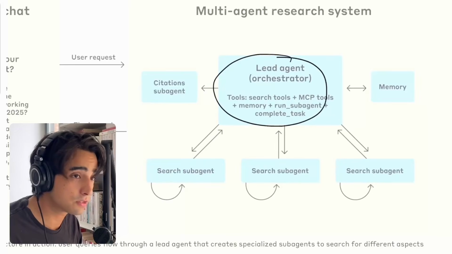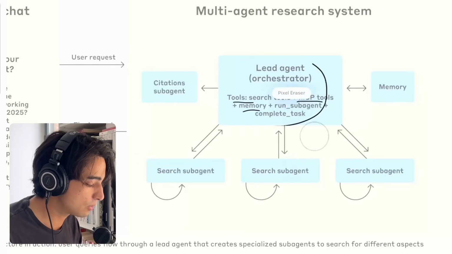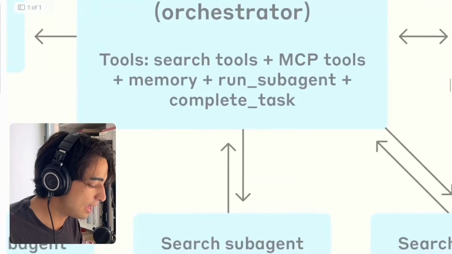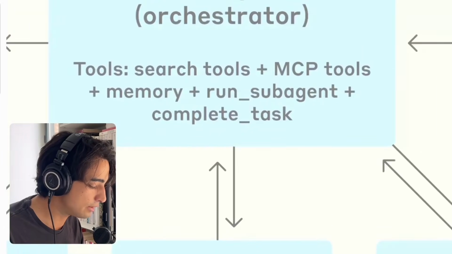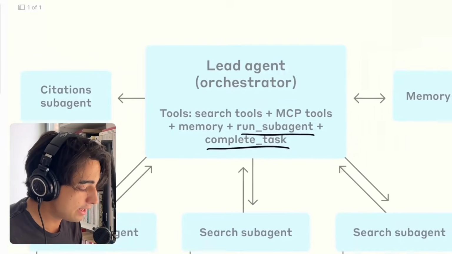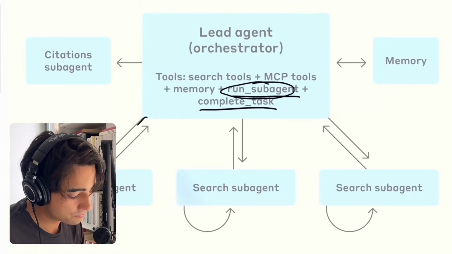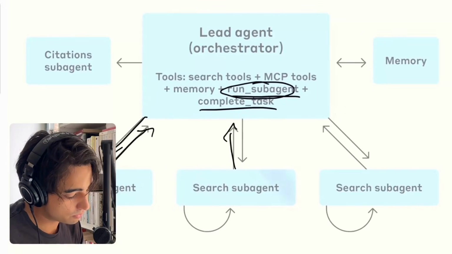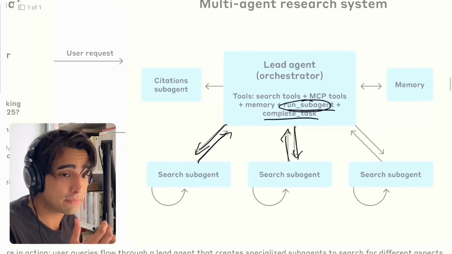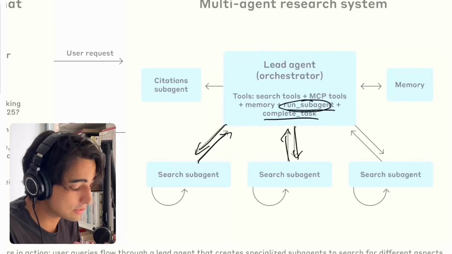The lead agent orchestrator has access to tools, to MCP tools, to memory, and, very importantly, access to these two right here: the run sub-agent tool and the complete task tool. This is the agent that will use the run sub-agent tool to create multiple sub-agents and give them the goal or the prompt that they need to actually complete their task.